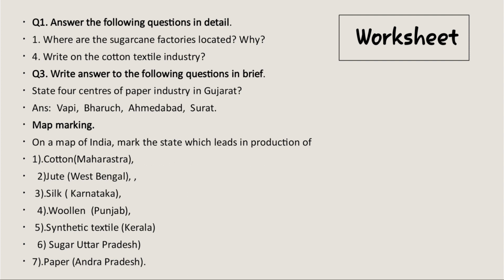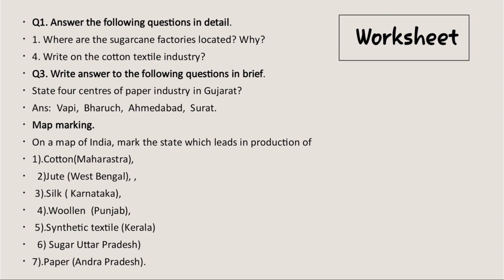Yes, now section 2, as per our today's lecture, there is no question from there. Moving to section 3, write answer to the following questions in brief. There, question number 4. State 4 centers of paper industry in Gujarat.